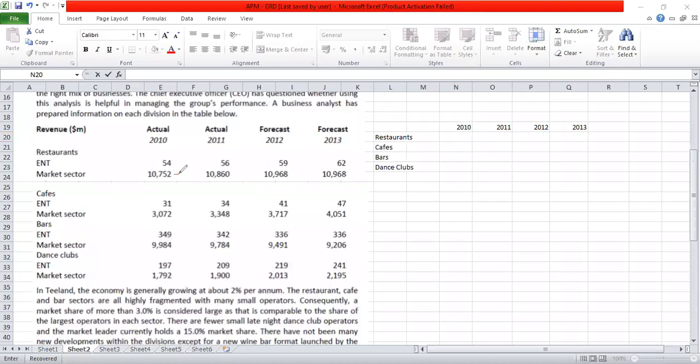If this stands at 100%, then we see 54 is what percent?